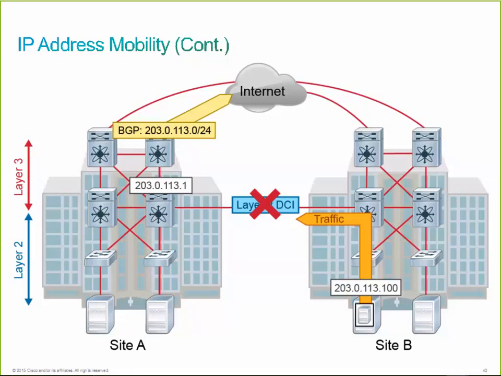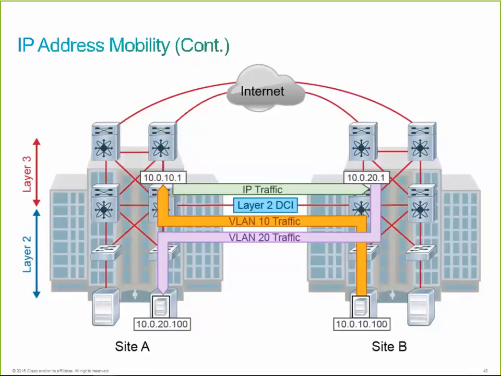There's another issue that occurs when we do our VM migration, and we see that in this diagram here. We have two VMs that have their default gateways in a different data center, right? When the VM at site B is communicating with a VM at site A, the traffic goes from site B through that DCI connection to site A to its default gateway.